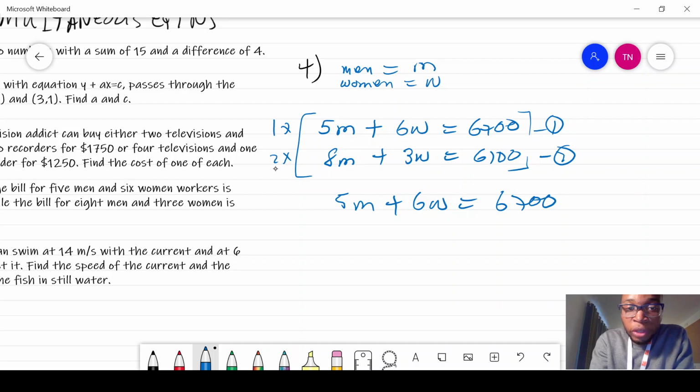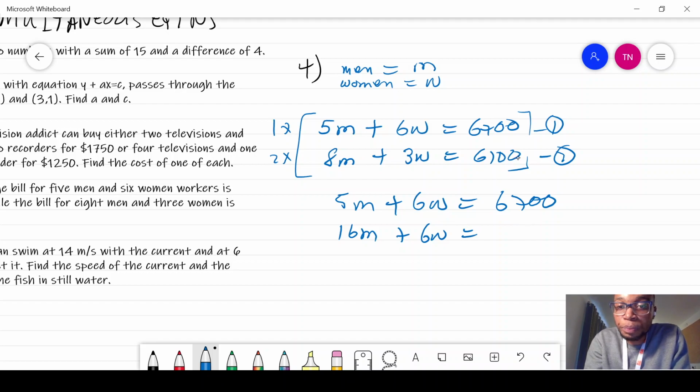And also we're going to have 2 times 8, that is 16M plus 6W, not M, pardon me for that, is equal to 6,100 times 2, that becomes 12,200.